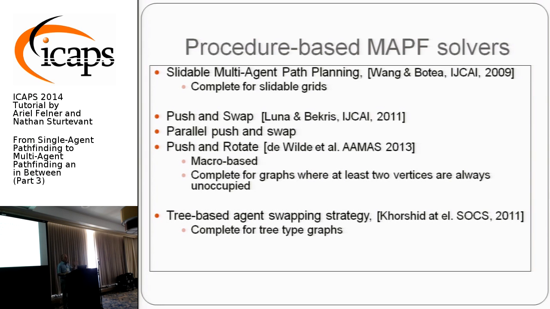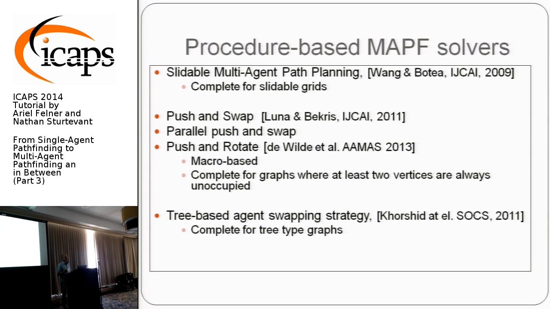There is a push and swap family of algorithms: parallel push and swap, push and rotate, where you have some macros, and every time you take two agents or a little bit more and tell them how to swap their positions. In the end, we can prove that it is complete, and we can produce a solution fast, but this is of course far from optimal.